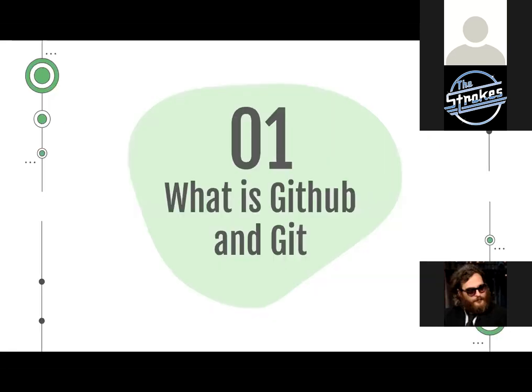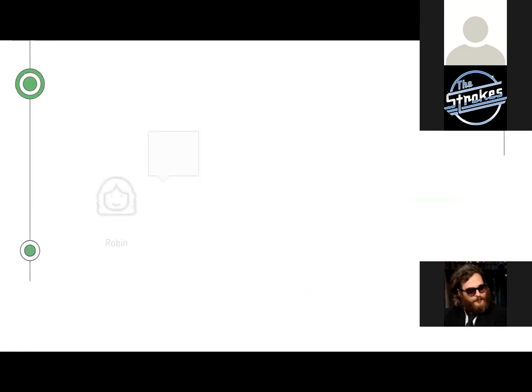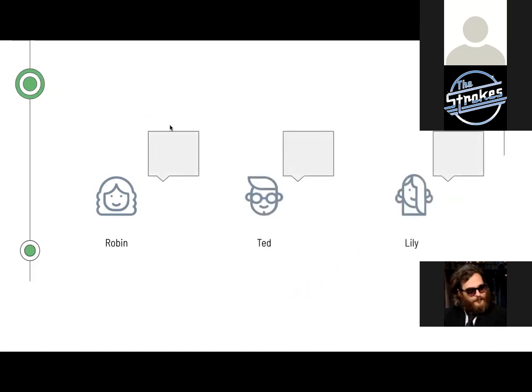So number one, what is GitHub and Git? The best way I could explain this through Zoom is with a scenario. Imagine we have three people, Robin, Ted, and Lily, and they just started working on a project and they finished it, and they now realize that they need to make changes to it.